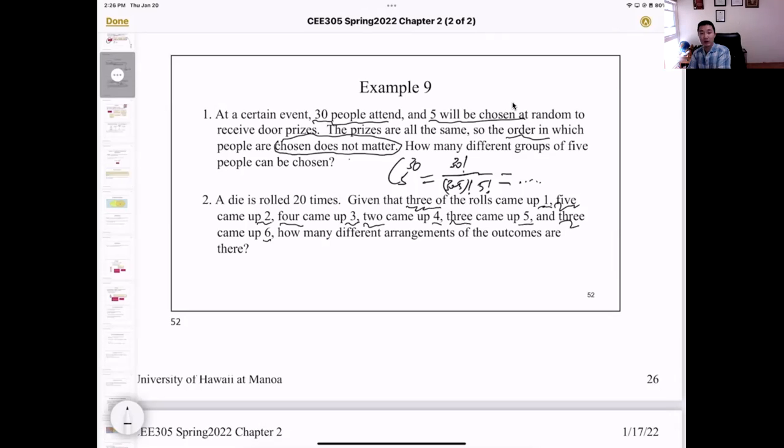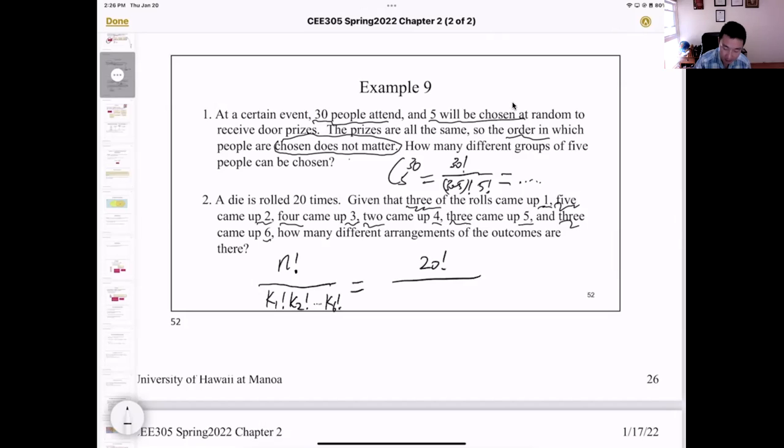So how many different arrangements of the outcome are there? We use the special equation here. The total n is 20. For all the possible outcomes, we have k1 for number 1, k2, and we have k6.